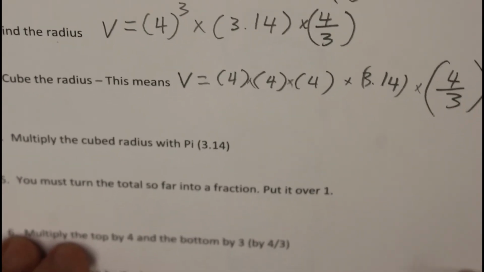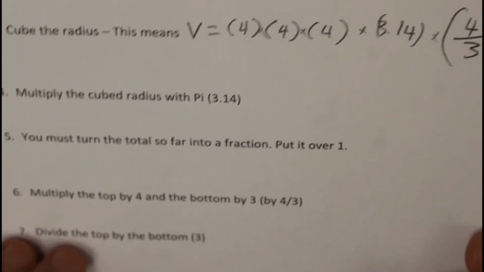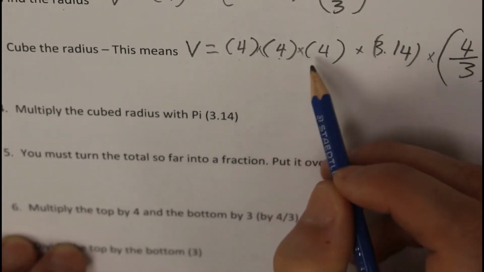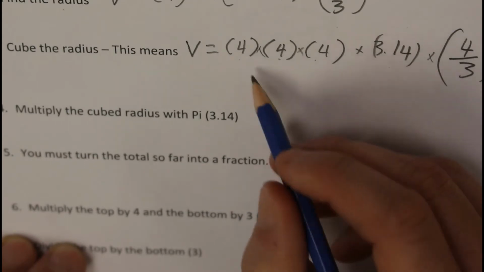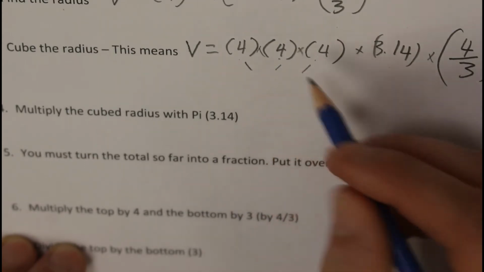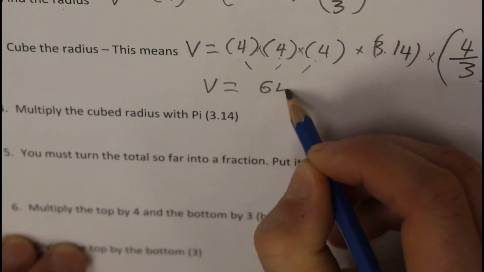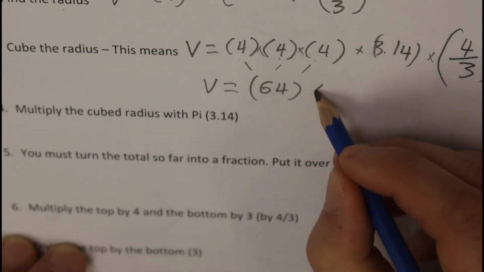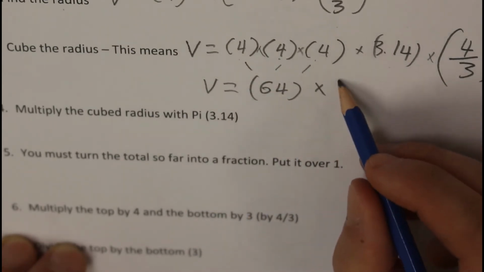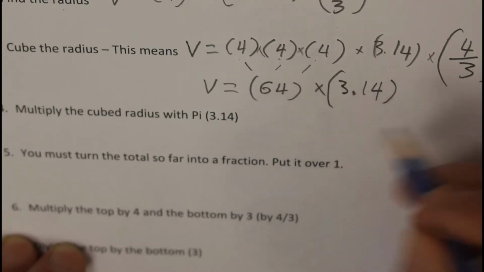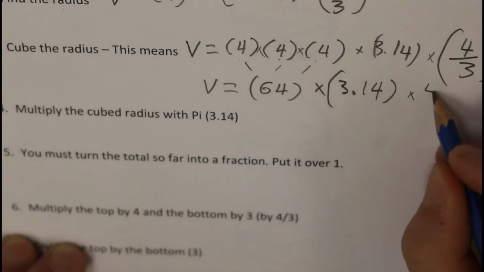All right, so what is the next step? So let's figure this out. 4 times 4 is 16, times 4 is 64. So all 3 of these, remember. So we get volume equals 64 times 3.14 times 4 over 3.